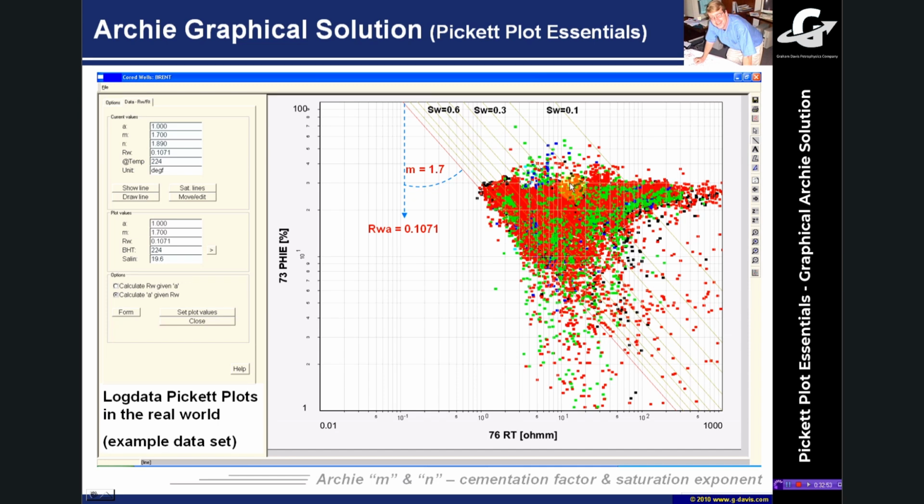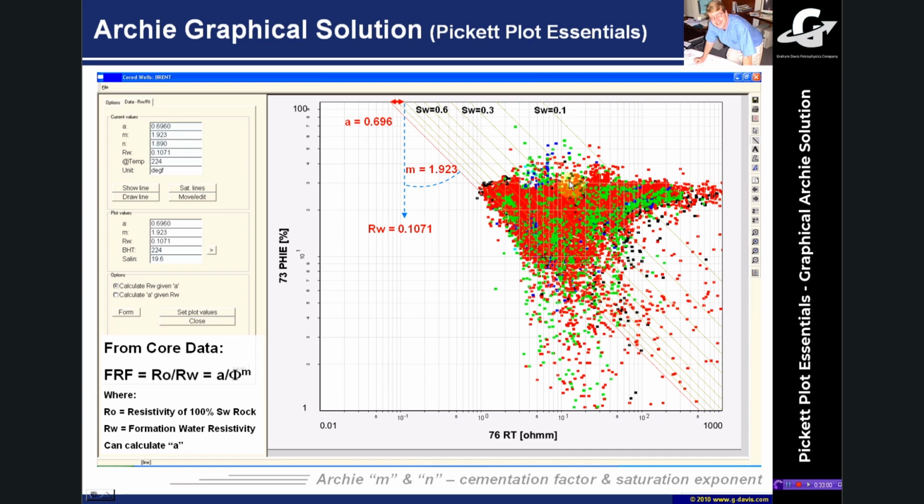Now, one of the things that obviously I've mentioned before, we've got the core data, and here from core measurements on this rock, we know in fact that the A and the M factor are slightly different. In fact, I've kept the RW the same because this is the RW of the field water resistivity.